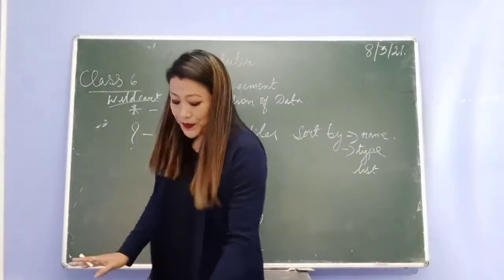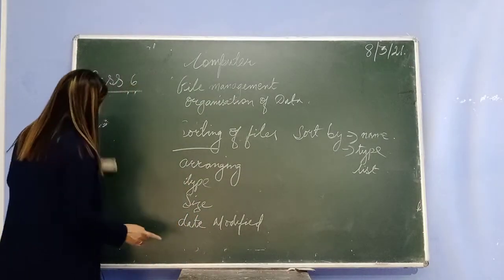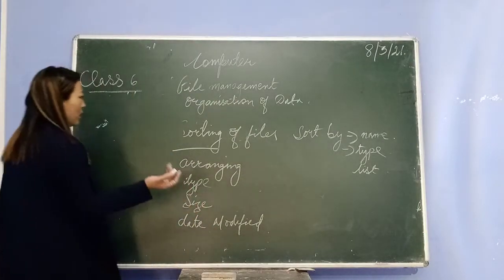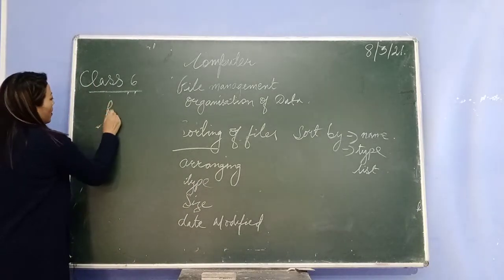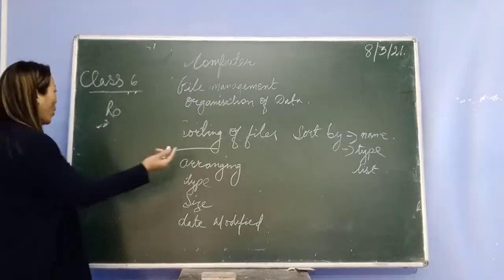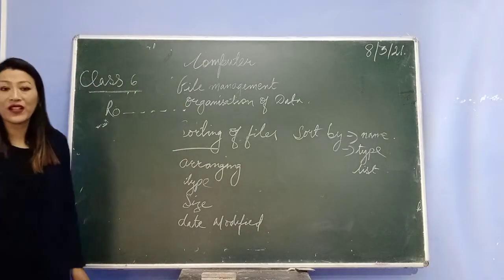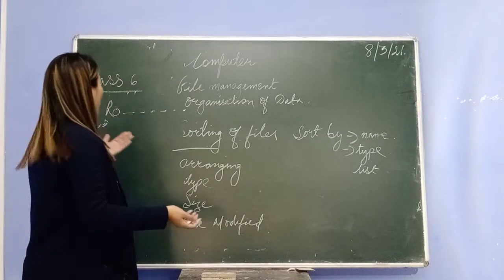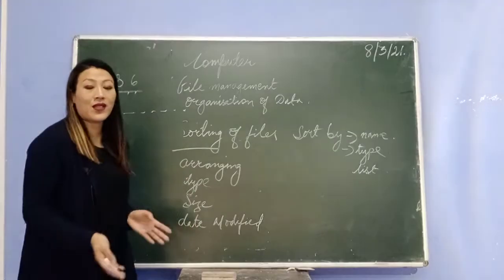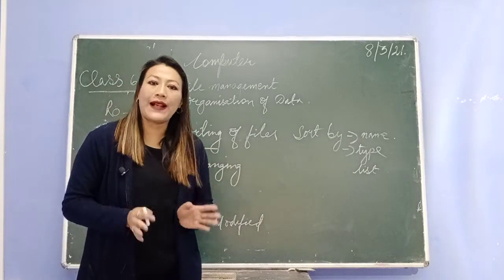Suppose, children, you have created a file which starts with R, O, and the rest of the characters you don't know. Whatever file name you gave, you don't remember it, and you are looking for it. In one particular drive of a computer system there are a number of files and folders.